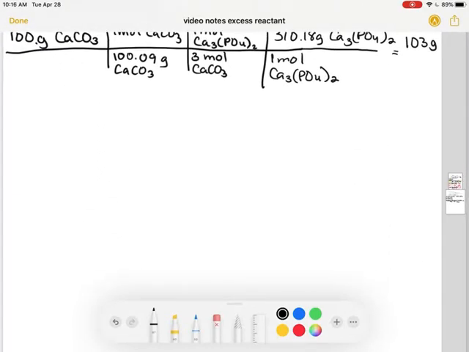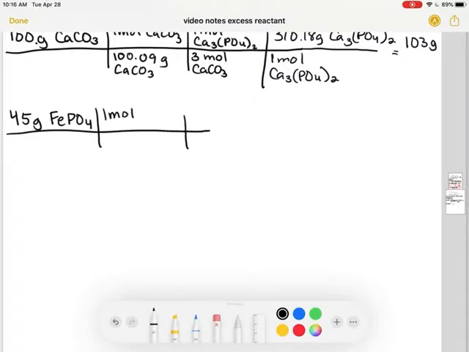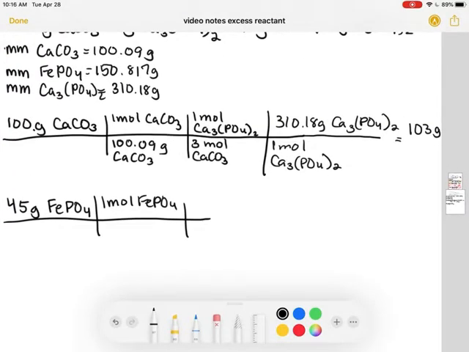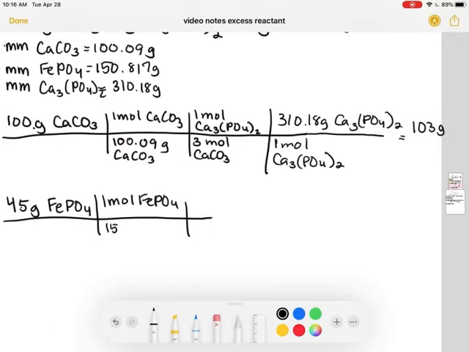Next, we're going to figure out how much we can make based on iron 3 phosphate. So we have 45 grams of FePO4. Okay, we're going to get rid of grams and get moles. So in 1 mole of iron 3 phosphate, FePO4, there are 150.817 grams of FePO4.